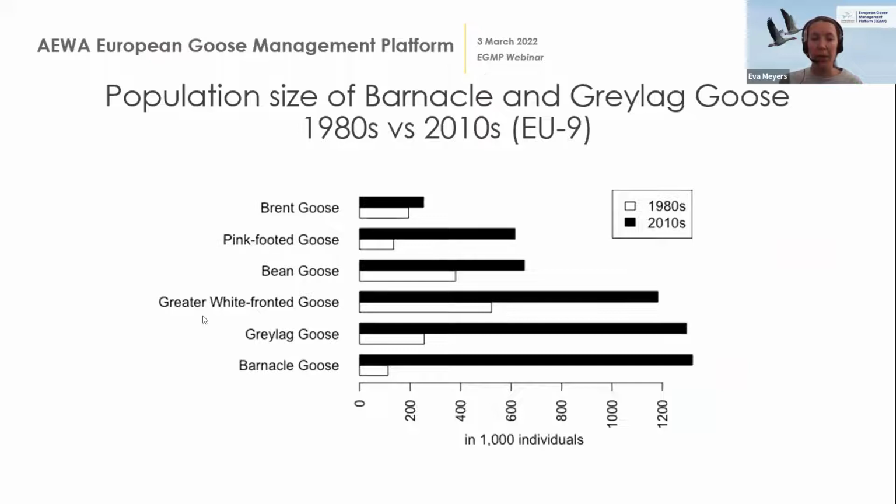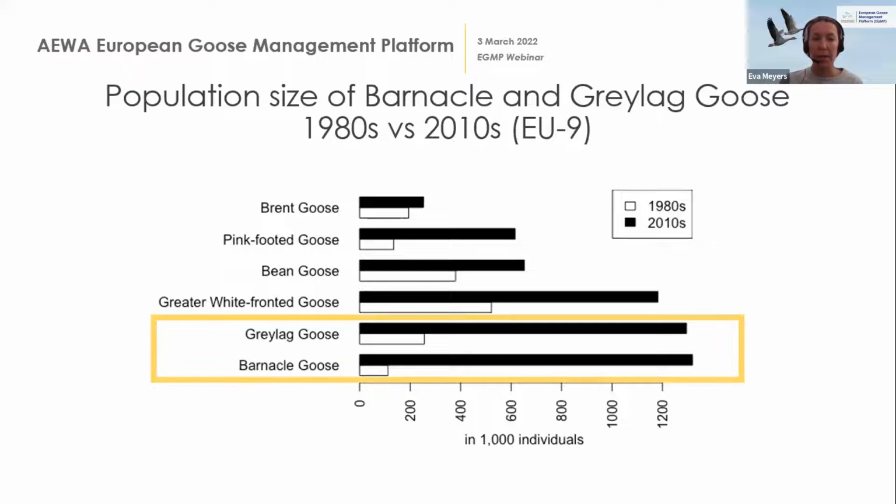Again, for the development of the grey-lag goose and the barnacle goose plans, there has been a mandate and a justification that Sergey introduced in his presentation, but essentially it also goes back to the increasing population sizes of these two species.